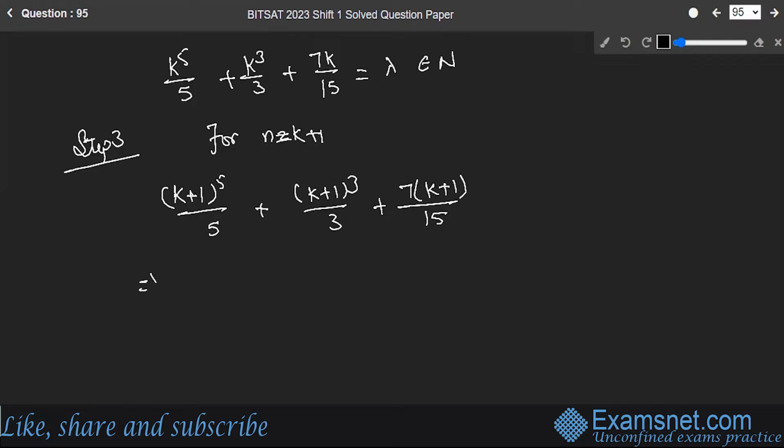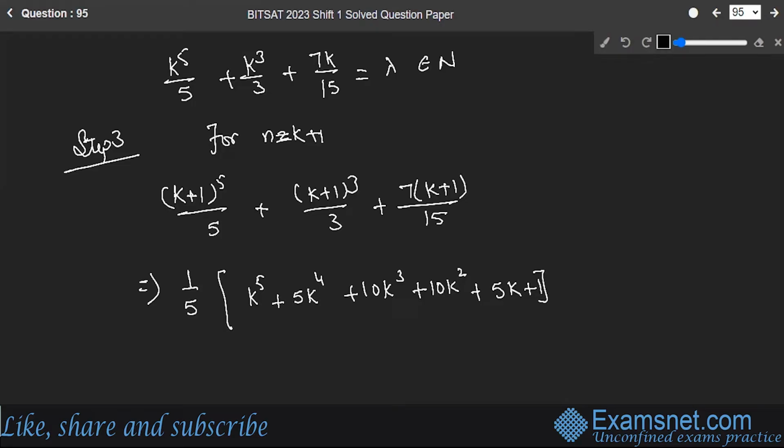I'm going to take 1 by 5 outside. This will be k power 5, 5k power 4, 10k power 3, 10k square, plus 5k plus 1.